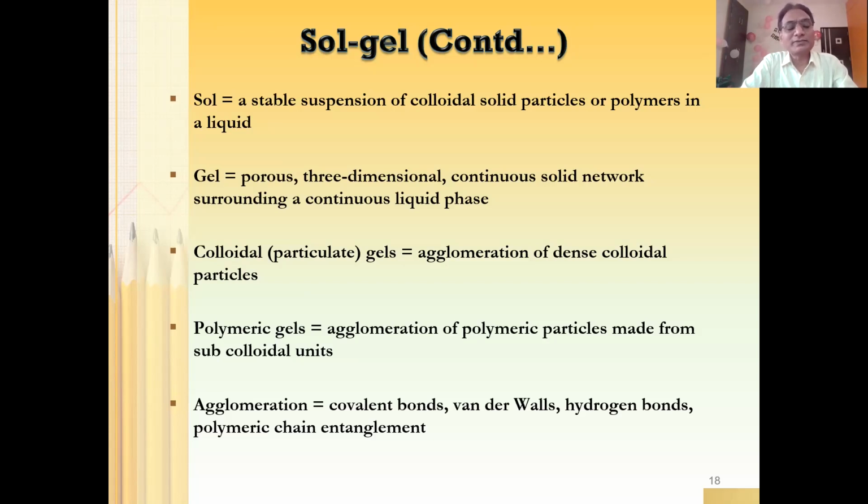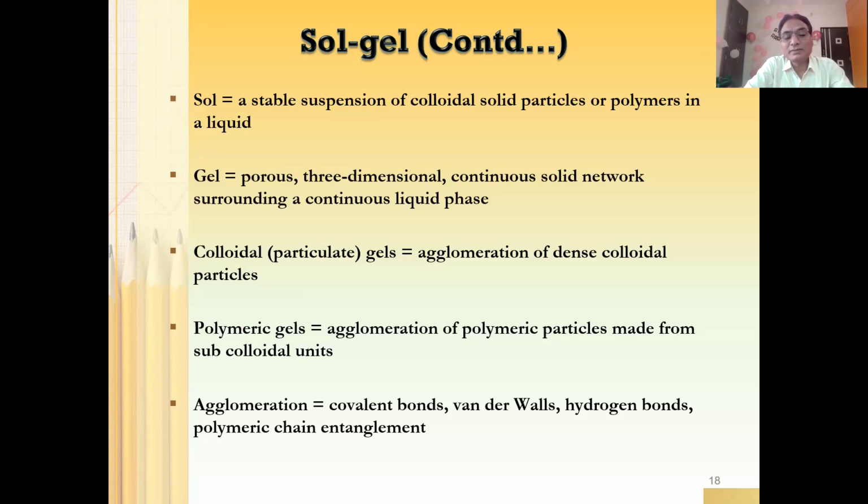Colloidal particulate gels means agglomeration of dense colloidal particles. So whenever you come across this term, colloidal particulate, it means it is an agglomeration of dense colloidal particles. What is a polymeric gel? It would be an agglomeration of polymeric particles made from subcolloidal units.